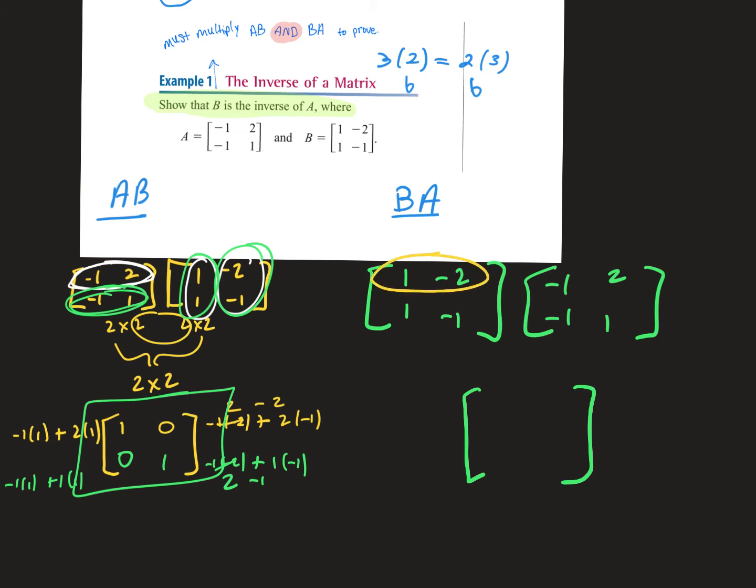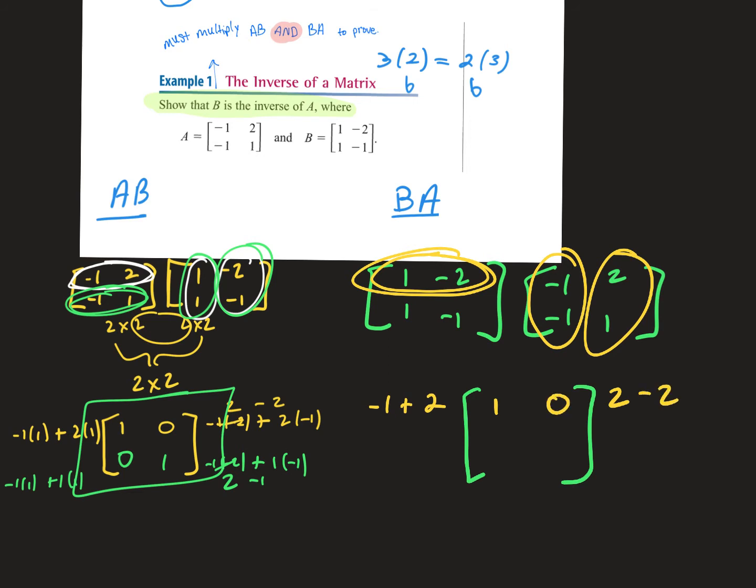So I have first row and first column. 1 times negative 1 is negative 1. Plus, what's negative 2 times negative 1? 2. So negative 1 plus 2 is 1. First row, second column. 1 times 2 is 2. Negative 2 times 1 is negative 2. What's 2 minus 2? 0.